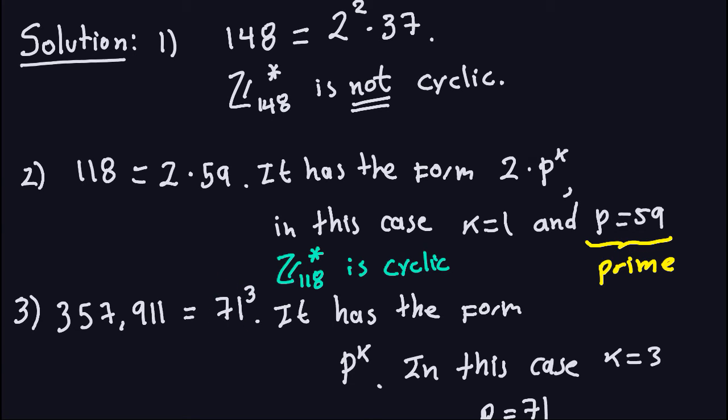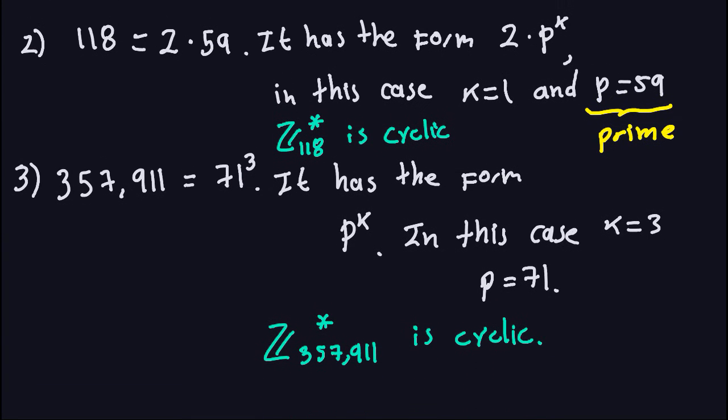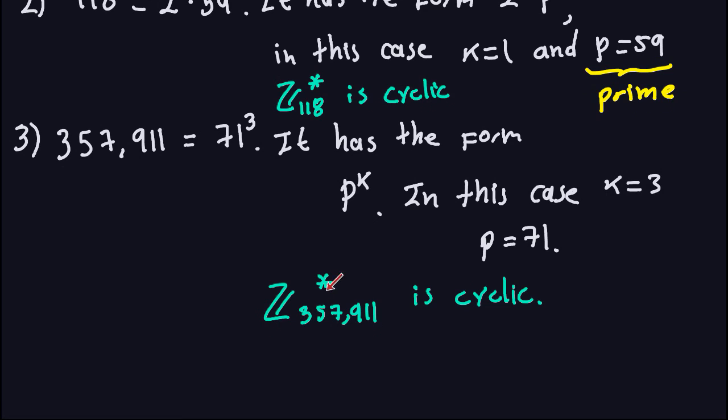So that means this number is a power of an odd prime number. So it has the form p to the k. In this case, the exponent is 3, and the prime is 71. Because it looks like that, a power of a prime, that is a cyclic group. So there must be some element here that when I take powers of that element, it gives me all the elements in that group. So that's basically what cyclic means here.